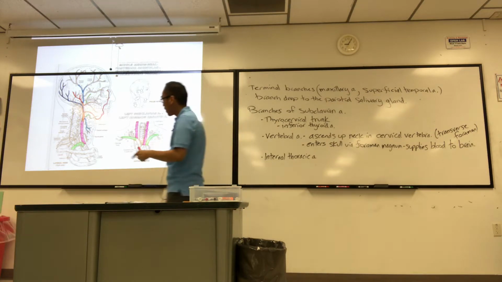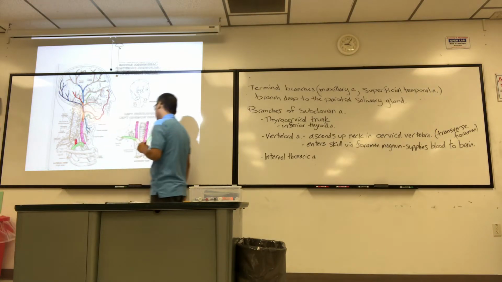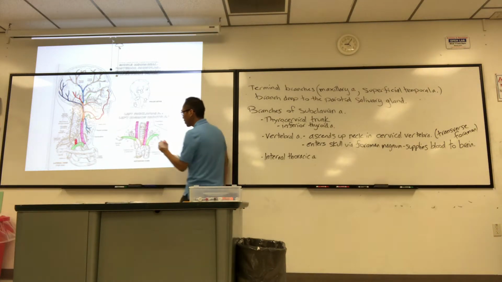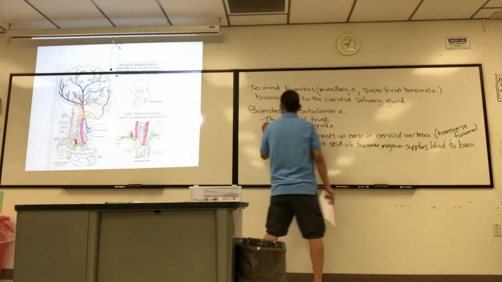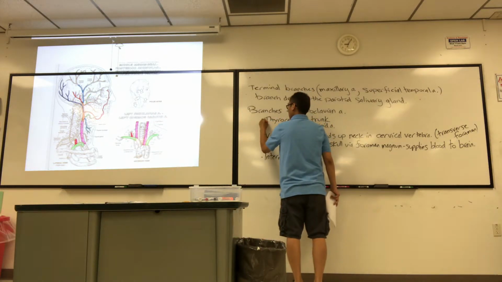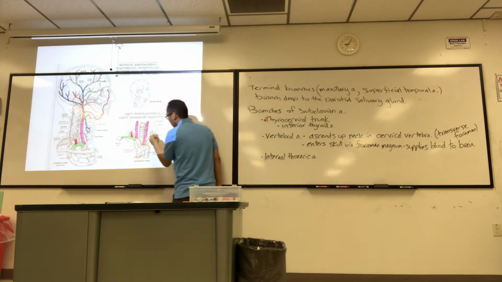Letter E. It's right here, and it's right here, coming off subclavian, on this picture here. I'm using red, by the way. Thyrocervical trunk. There it is again, coming off subclavian.